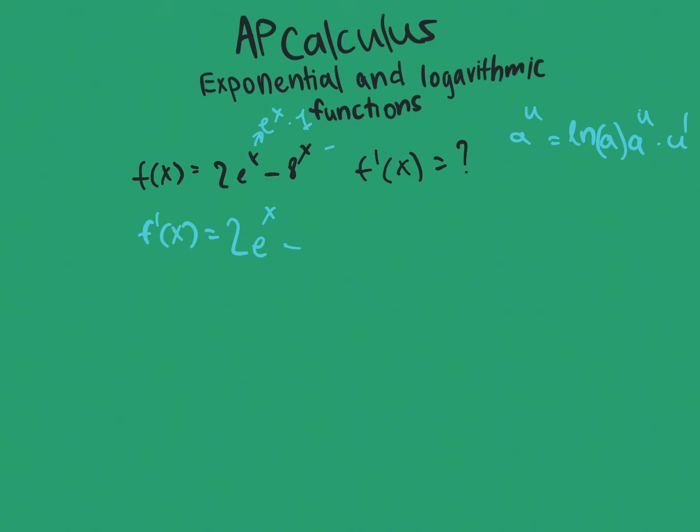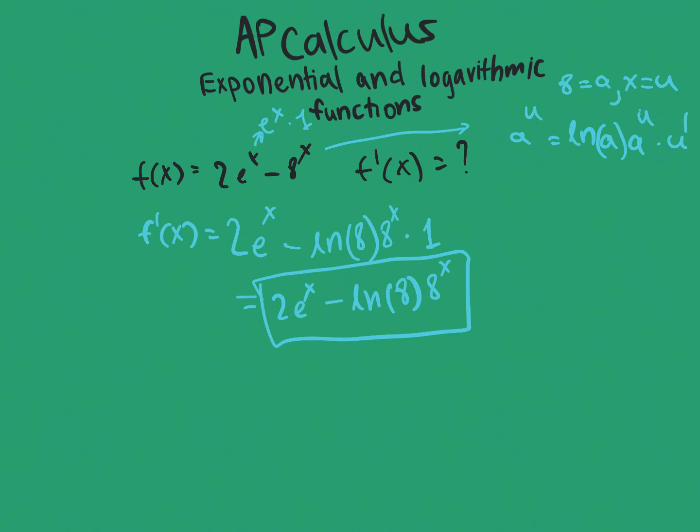So just plugging this in, 8 is equal to a and x is equal to u, we would get ln 8 times a to the power of u, 8 to the power of x, times 1. So our final answer is 2e to the power of x minus ln 8 times 8 to the power of x.